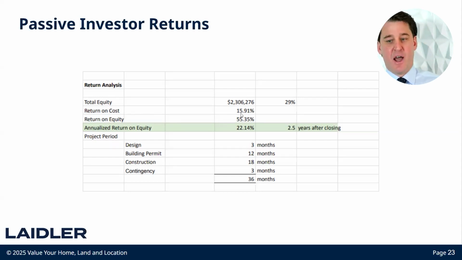It's projected to provide a 15% return on cost, which provides a 55% return on equity over a 2.5-year timeline. That's a 22% annual return to investors, with the project timeline including a 3-month design process, 12-month building permit approval process, 18 months for construction, and 3 months for contingencies.